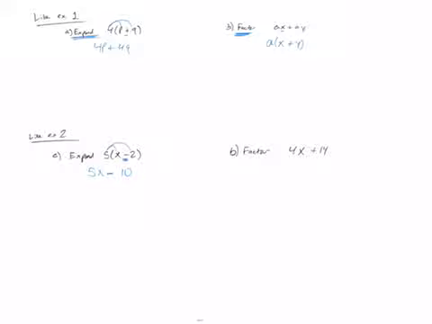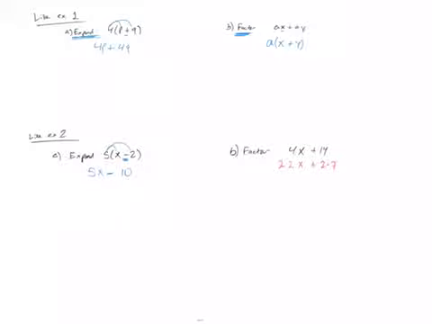Now when we're trying to factor over here, maybe it gets a little bit more complicated because we're trying to see what do both of these have in common? And maybe you can recognize factors they have in common, but just in case you don't, we're going to write 4 in prime factorization and 14 in prime factorization. So 4 is just 2 times 2, and that times x, plus 14, which is 2 times 7.